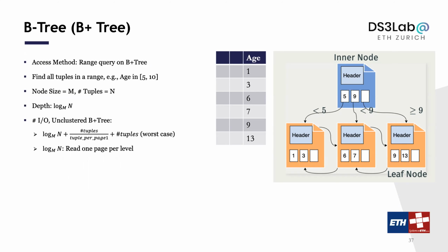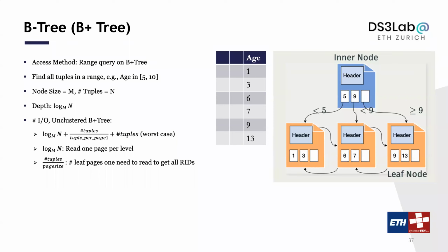Then you sequentially scan all the leaf nodes to find all the keys that satisfy your search predicate, that is, all the leaf nodes that contain keys between 5 and 10.